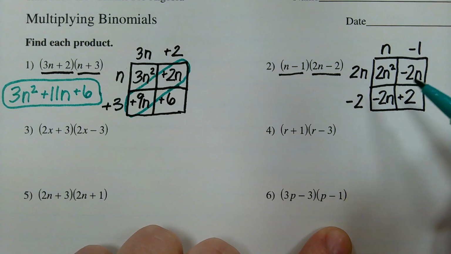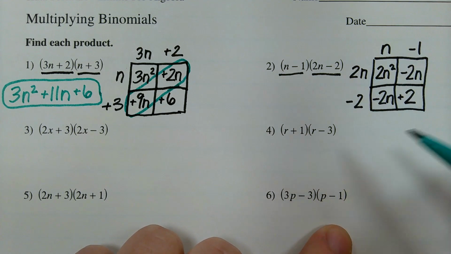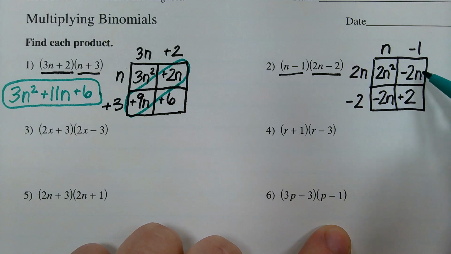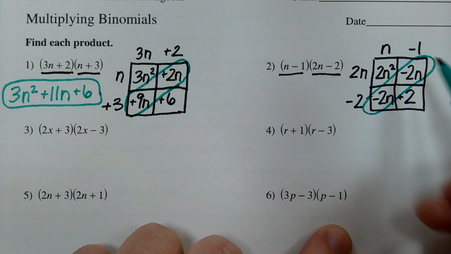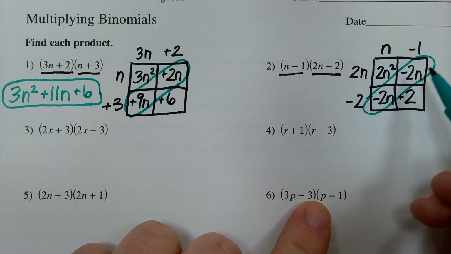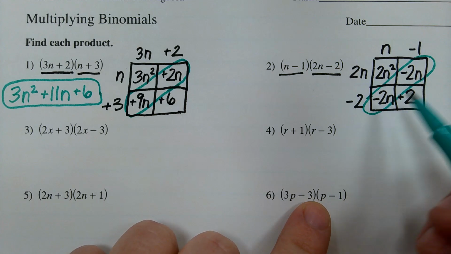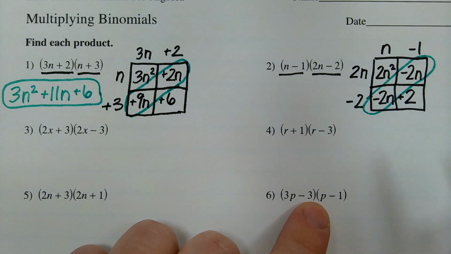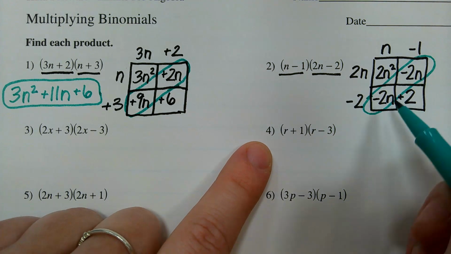So now that we've gotten all 4 of our different terms, we can see that our like terms are diagonal to each other right here. -2n and -2n. What is -2n plus -2n? Yeah, -4n.